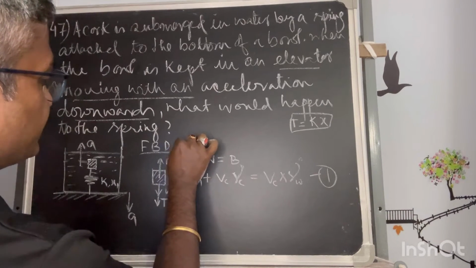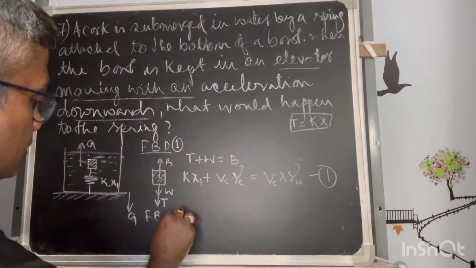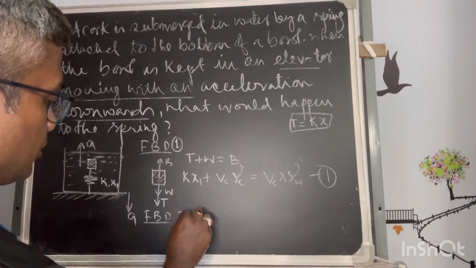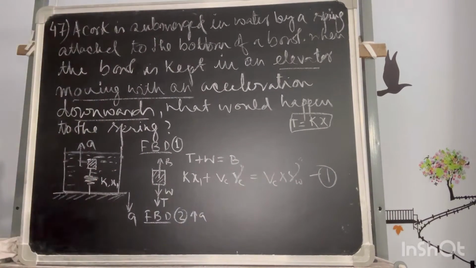This is the first case free body diagram. The second case free body diagram will be when it is moving with acceleration a.